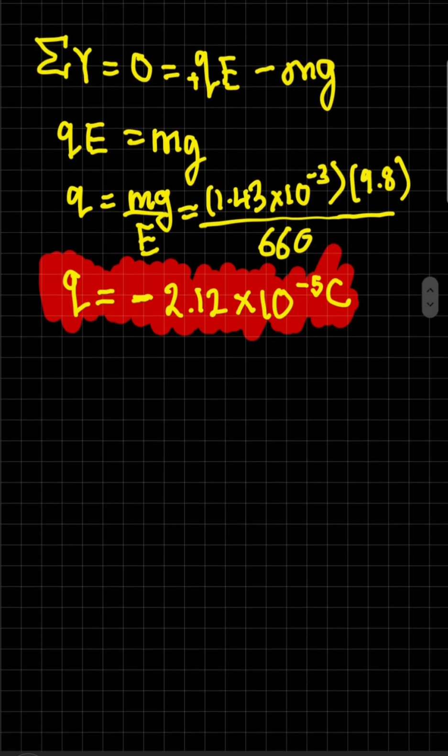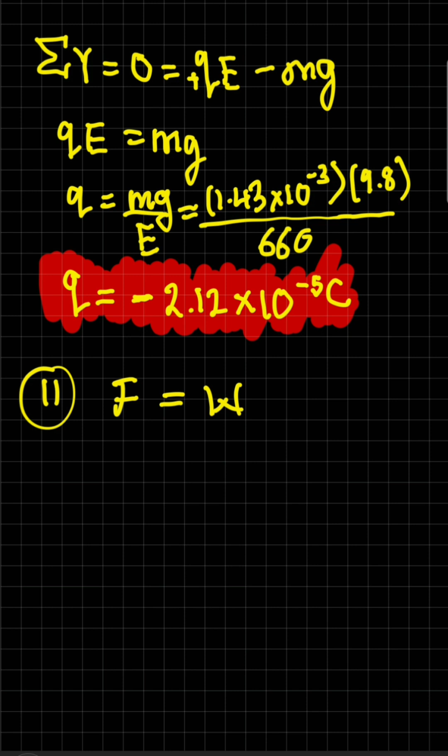Part 2 is easy. They said the magnitude of the electric force is equal in magnitude to the weight of a proton, and we've been asked to find the electric field.